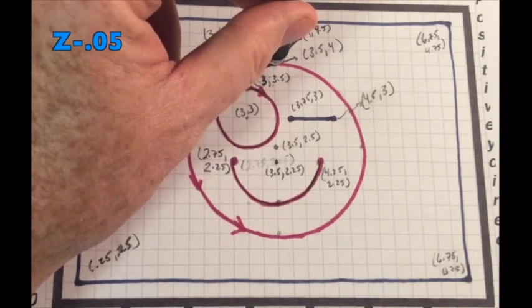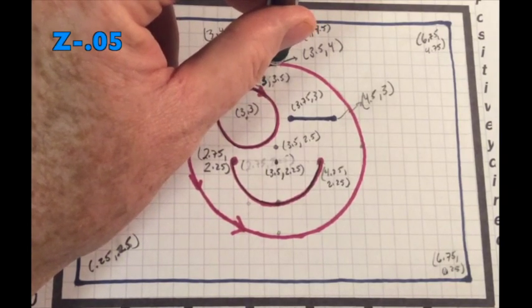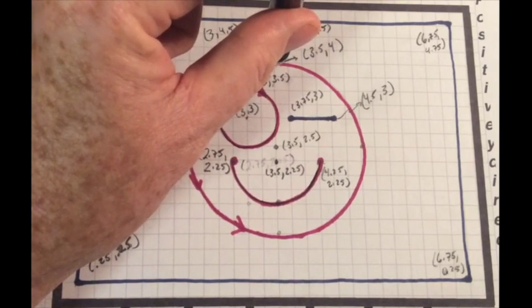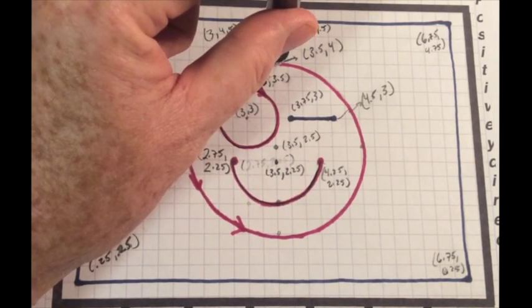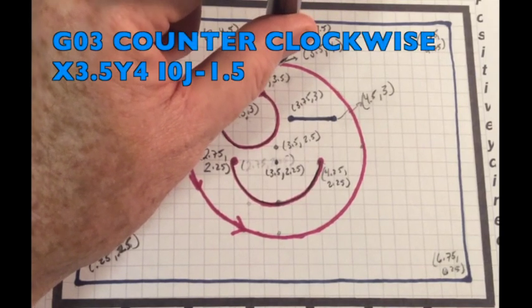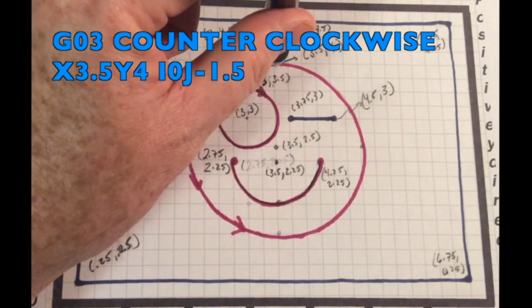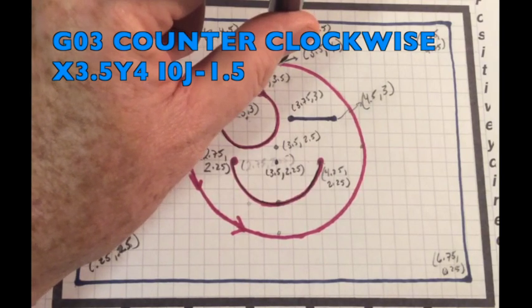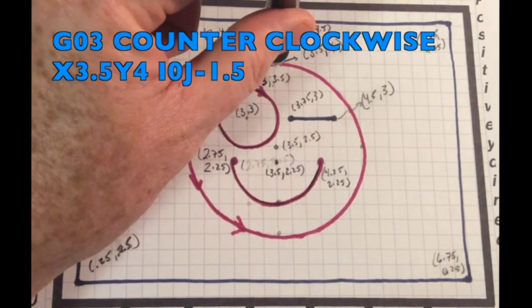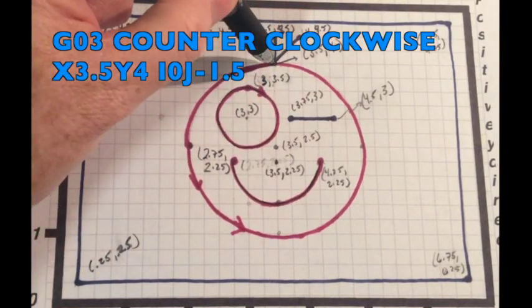So it would be still cutting, and it's now at the start. Now at this point, this is where it gets tricky, because we're going to start this circle. So we got to change it to G03, which is motion counterclockwise. And then we tell it what its finish point is. So X 3.5, Y 4.